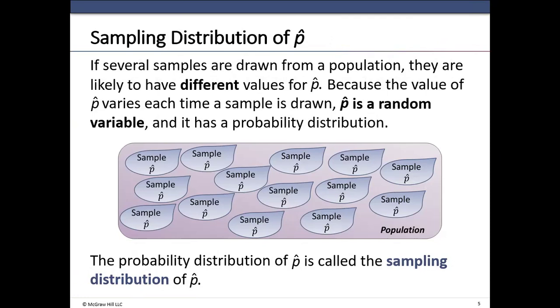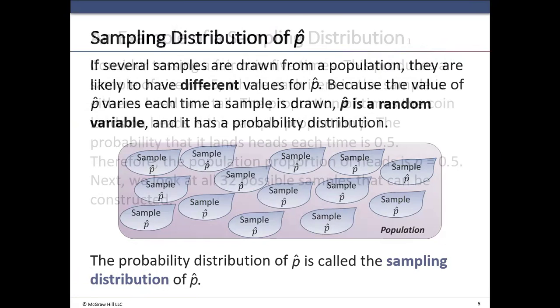So we have vertical bars of equal width with different heights. Now, if we join the tops of adjacent rectangles, you will get a smooth histogram. And that is called the probability distribution of P hat, which is the sampling distribution of P hat.